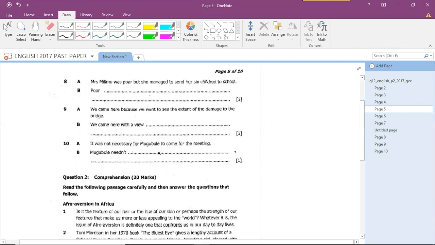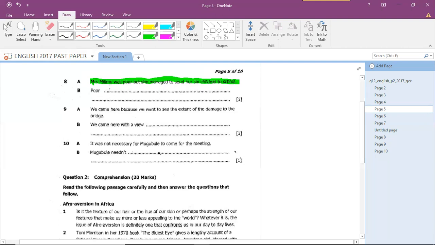So let me speed through question 8, 9, and 10, but I am explaining even if I'm speeding through. So Mrs. Millimore was poor, but she managed to send her 6 children to school. So two subjects here, children and Mrs. Millimore.